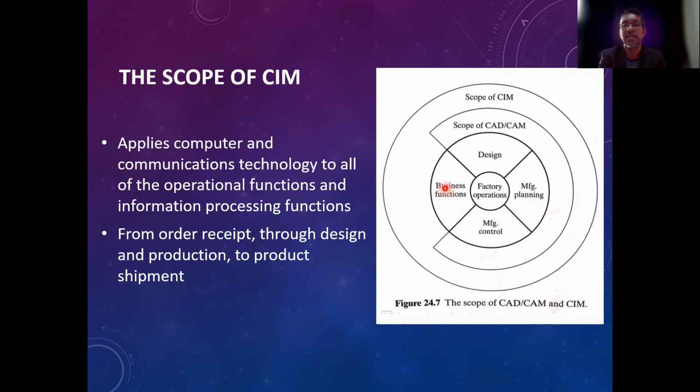They circulate the information, and then from the design, manufacturing and manufacturing control, that is the scope for using CAM. But for the SIM, they start from the ordering, receiving the order, until they produce the part and ship the part. So that is the scope of SIM.